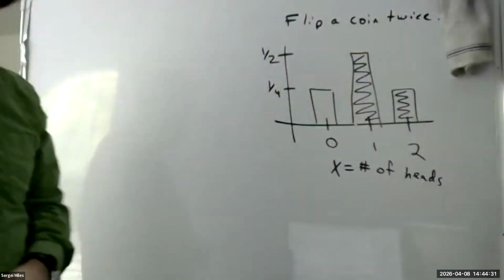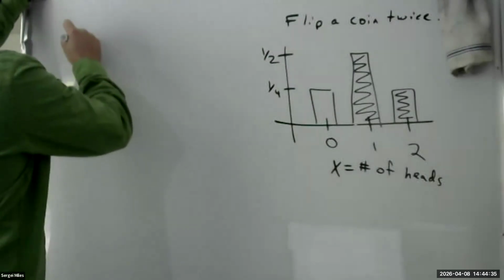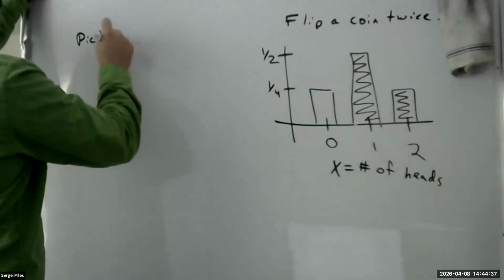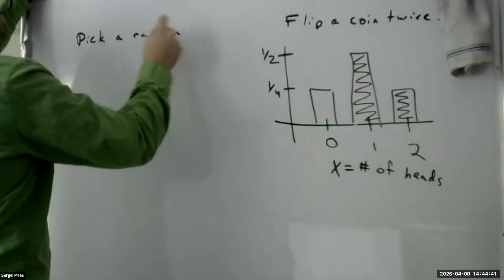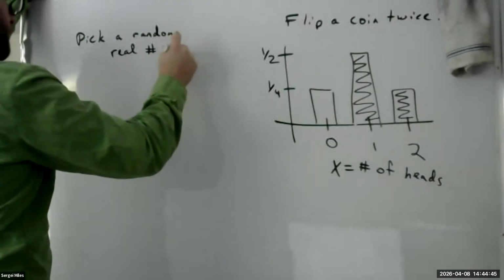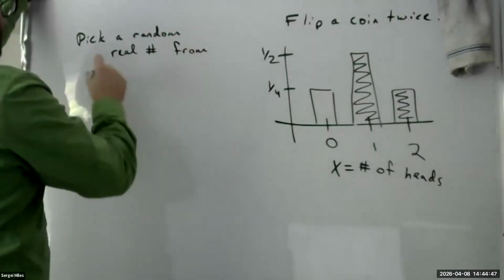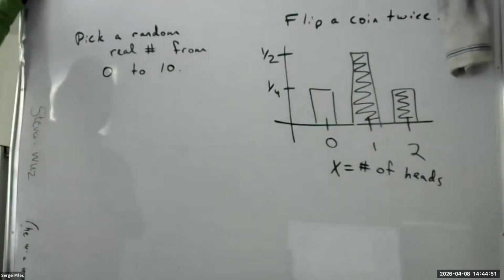Suppose we have a computer and we ask it to pick a random real number from 0 to 10.